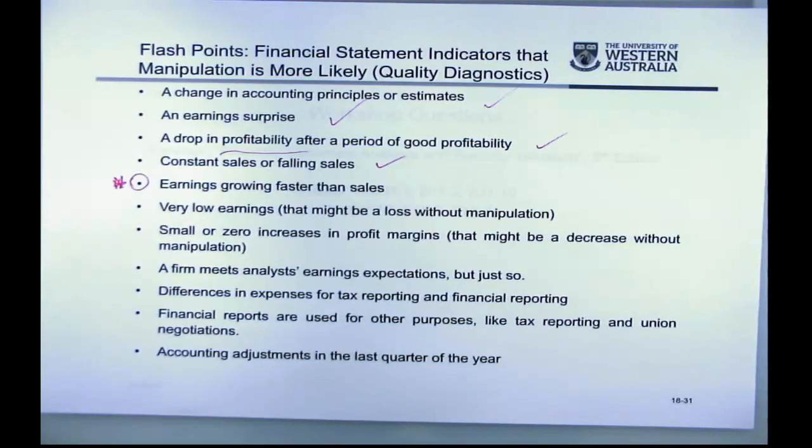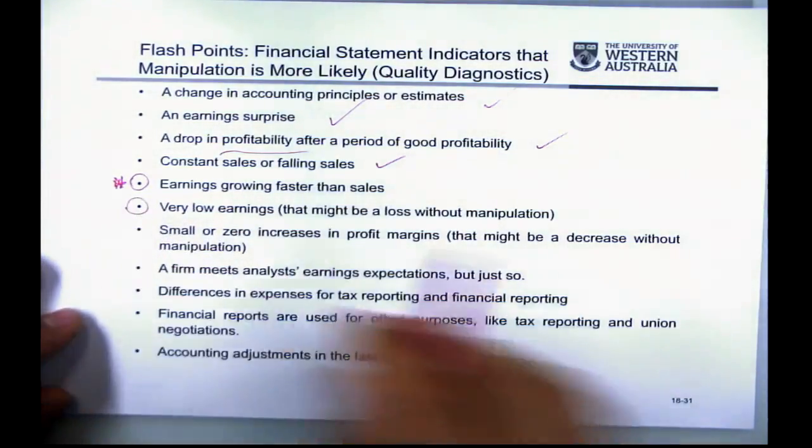If you find the growth rate in earnings greater than the growth rate in sales, this is a bad signal. There is something wrong. Okay? So the growth rate in earnings should be almost equal to the growth rate in sales. Otherwise, we have something wrong here. Either because the performance of the firm is deteriorating, or maybe because of manipulation. You need to check. Okay?